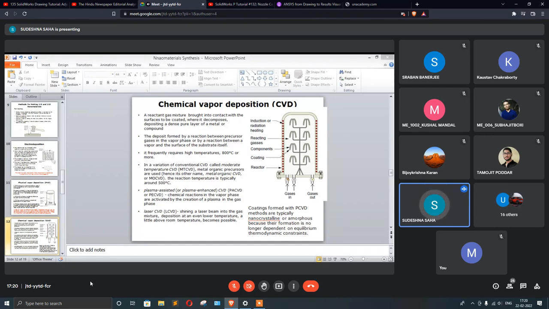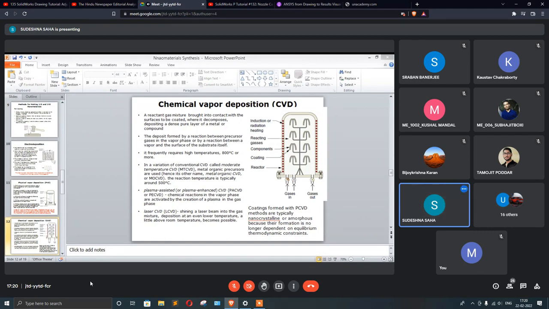But this technique is a very useful technique to create nanomaterials with chosen mechanical properties.